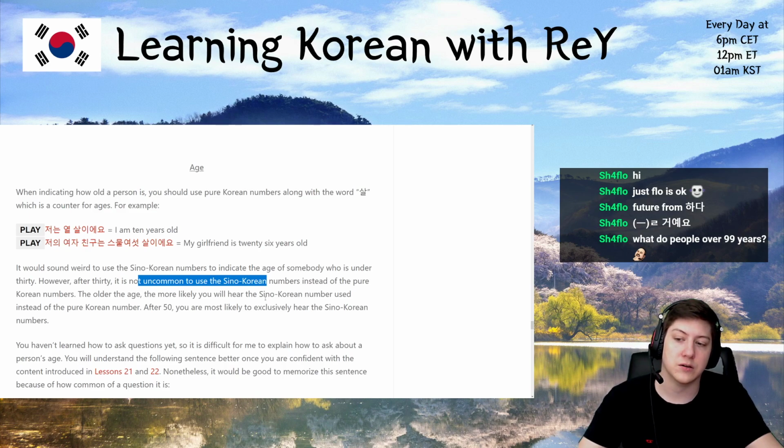Yeah, I mean, we read earlier that after 60, most of the time the Sino-Korean numbers are used anyways, and many people are over 60 years old, right? So it will be very common, I guess, for older people to use the Sino-Korean numbers for the age. Okay.